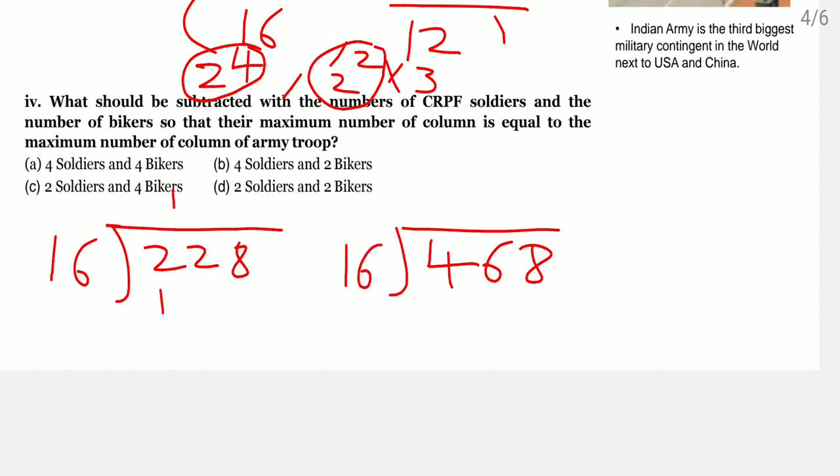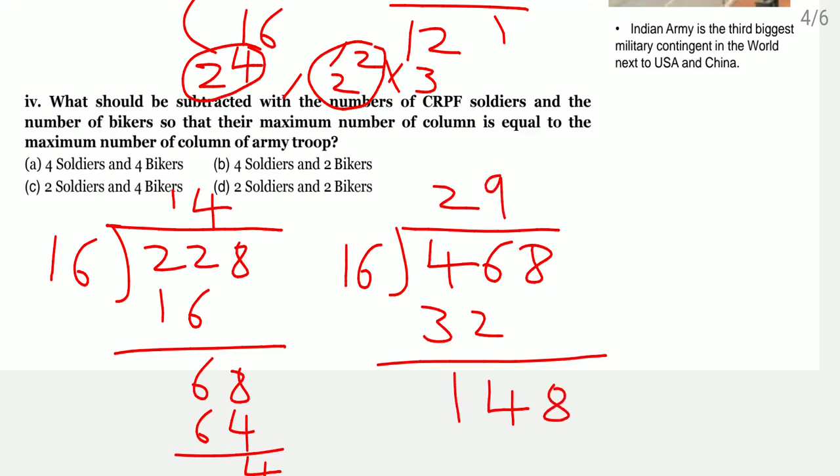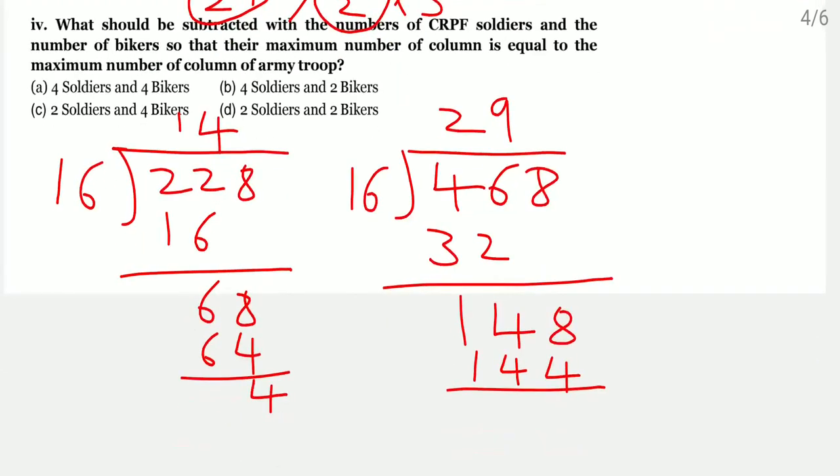So 16 ones are 16. Now here 6 and 8, 16 fours are 64. Now the remainder is 4. In this case, 16 twos are 32, so here 4 and 1, this is 8. 16 nines are 144. So the remainder is 4 in this case.